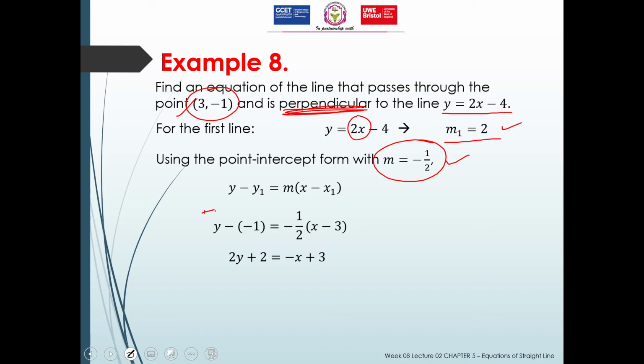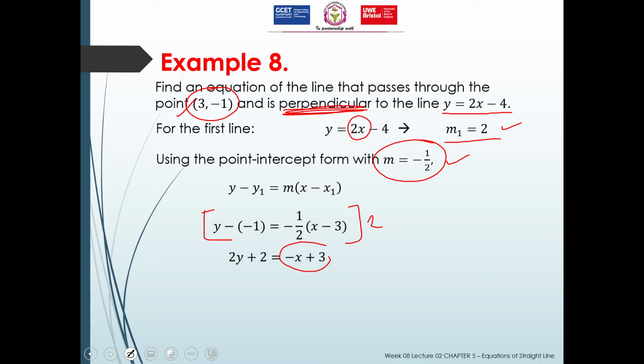Let us free this from fraction. We'll multiply both sides by 2. We get y times the negative, that gives us +1, so that gives us 2y plus 2. Then -1 times x, and -1 times -3 gives us +3. Now, in this particular example, it does not say that we should write our equation in standard or general form. So it's up to you which way you want to write your equation.